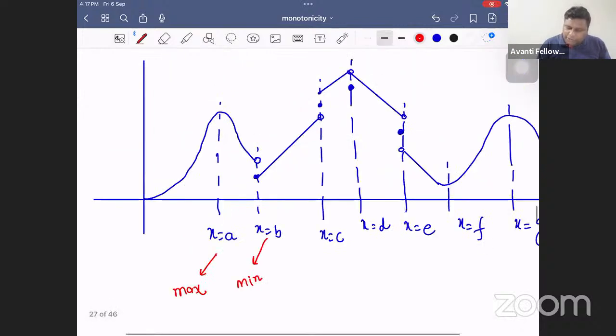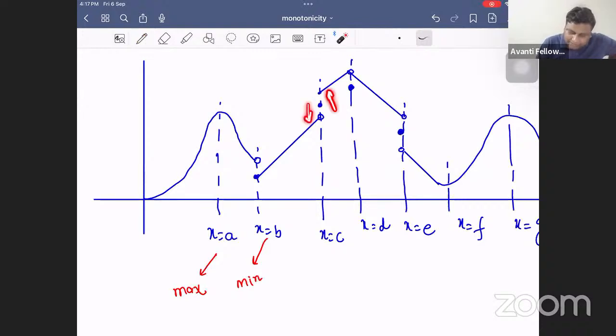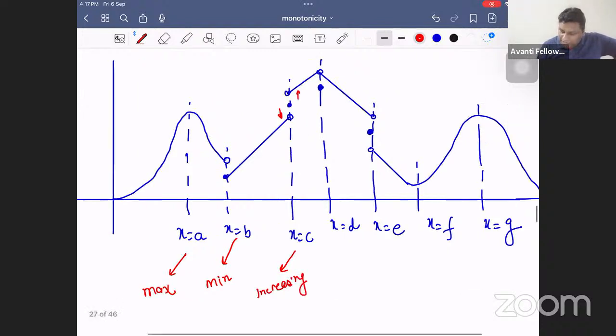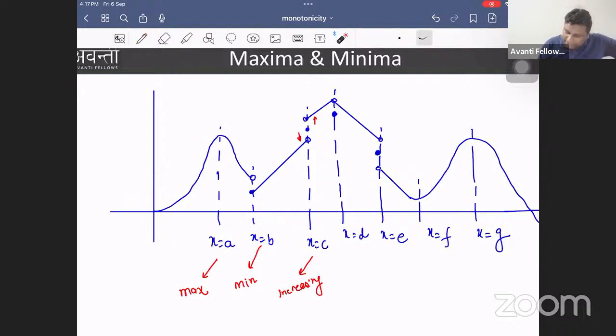Now, at x equals c, the left value is lesser, the right value is greater. Got it? So here the function is increasing at x equals c. Now come to x equals d. At x equals d, this is the value.